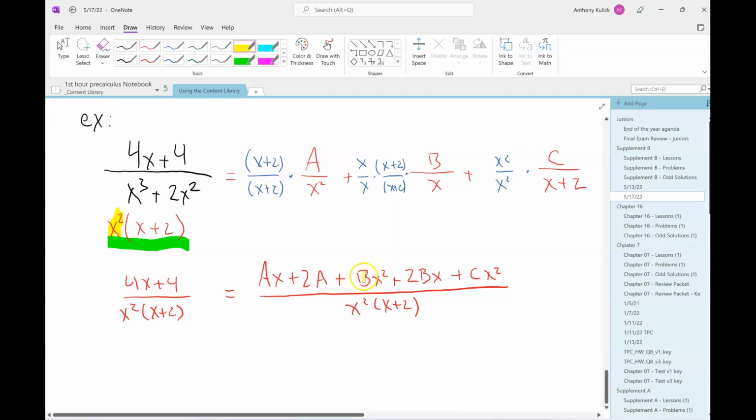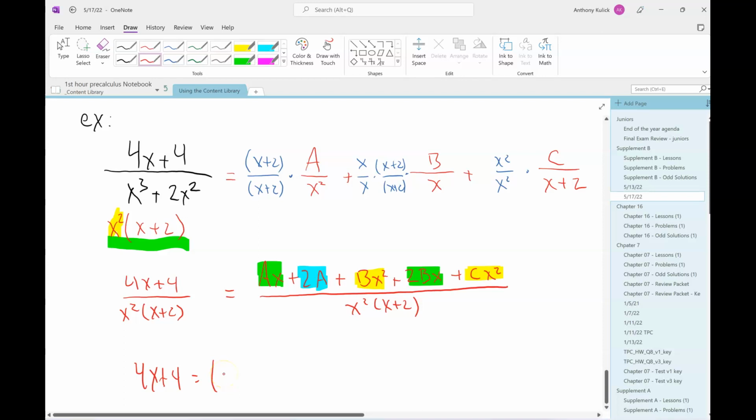All right. So here I'm going to group the x squareds together, the x's together, and then the constants together. So I can drop my denominators.